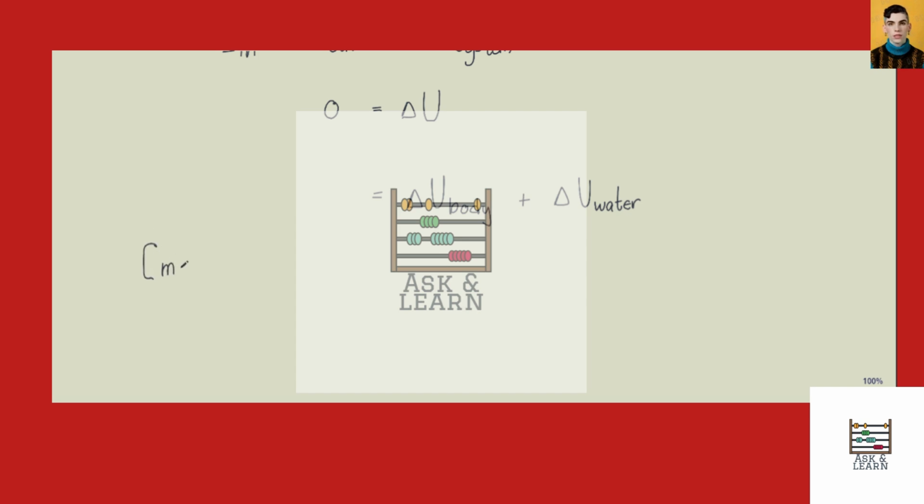That's the mass of the body times its specific heat multiplied by its change in temperature, T2 minus T1. This is for the body, plus the same expression for the water, its mass times its specific heat times its change in temperature, T2 minus T1, and that must equal 0. So we've just written expressions for delta U body and delta U water.